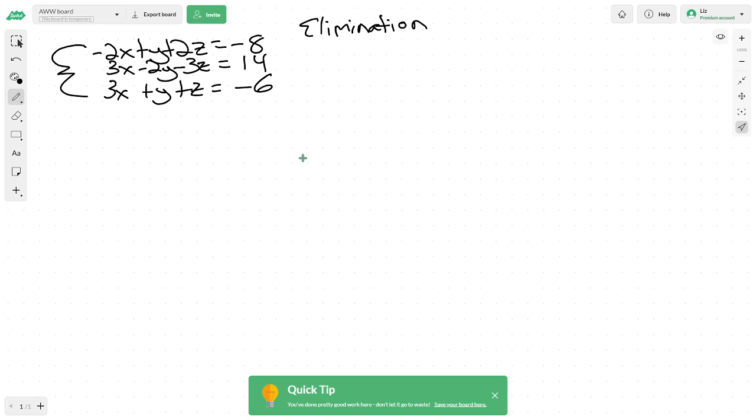So I'm going to set these two equations, actually, let me do that in a different color. I'm going to put these two equations next to each other and try to eliminate y. And then I'm going to use these two equations and try to eliminate y. Alright, so let's start with the first two.